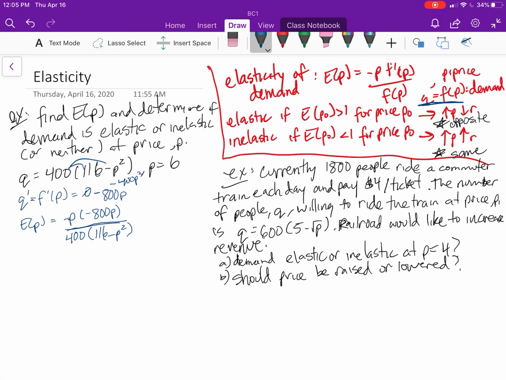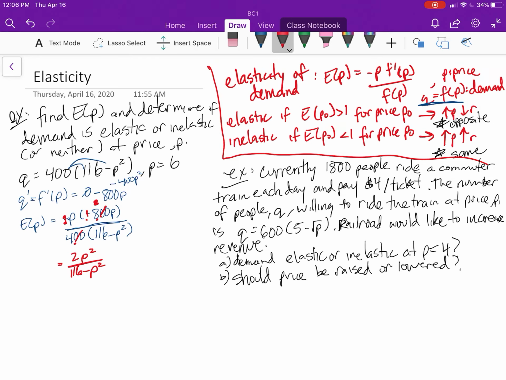I don't see that we get a whole lot of simplifying, but since it's all multiplied, negative times negative is positive. P times p is p squared, and then 800 over 400 is 2. So we get 2p squared over the denominator. We just have the 116 minus p squared, and we cannot cancel those p squared, so that is done.